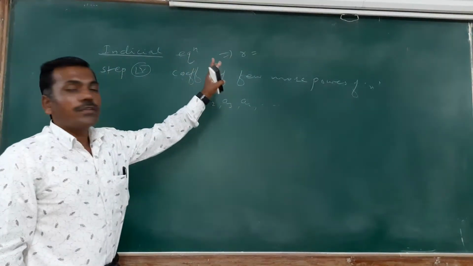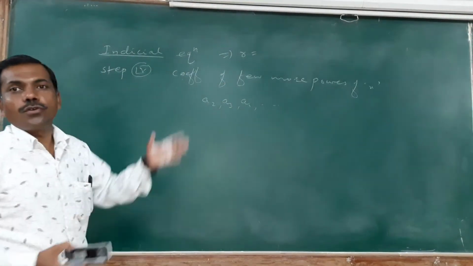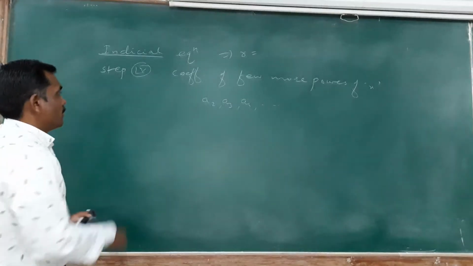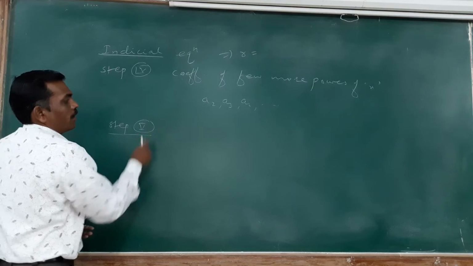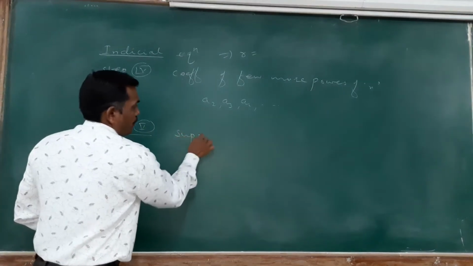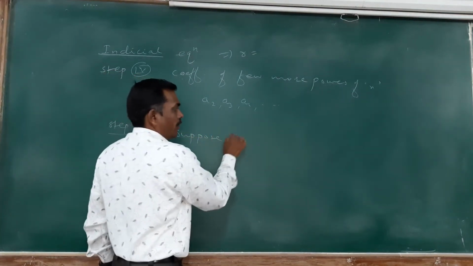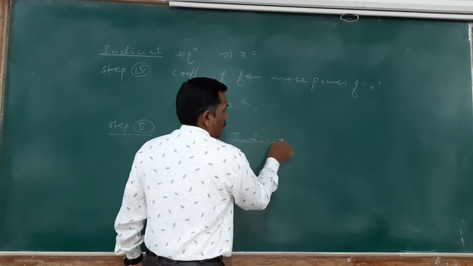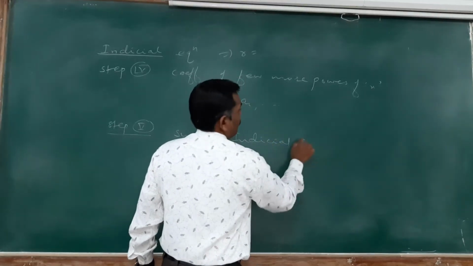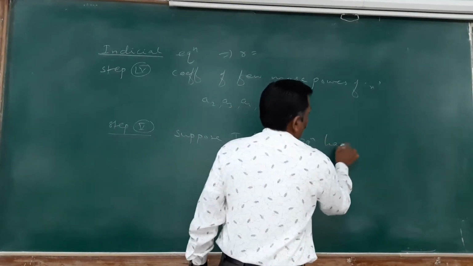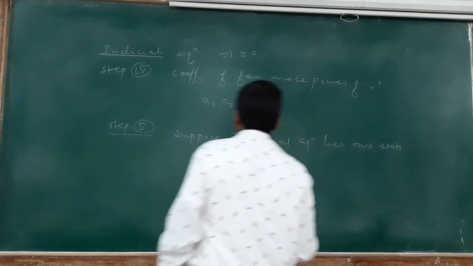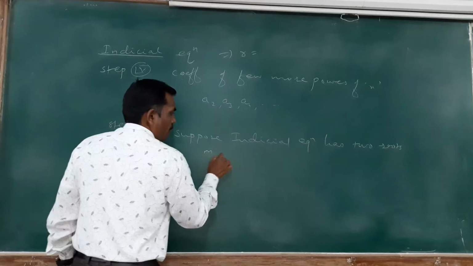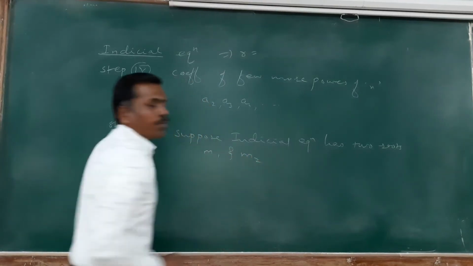Now what is the nature of your solution? It depends on that r. So in step 5, suppose the indicial equation has two roots. We call them m1 and m2.